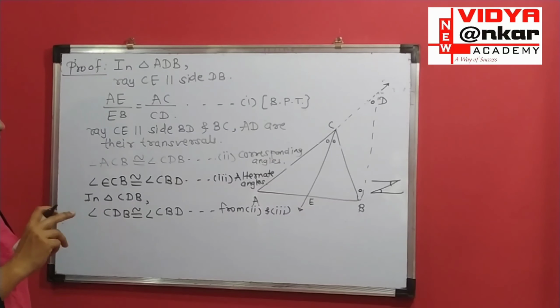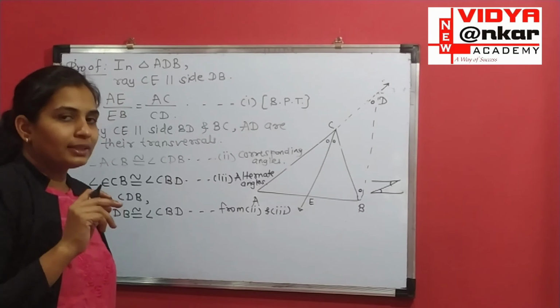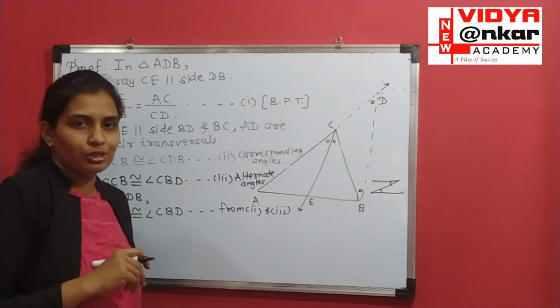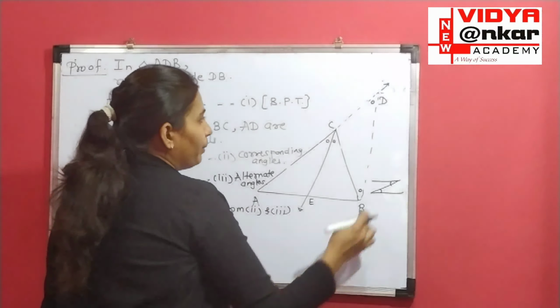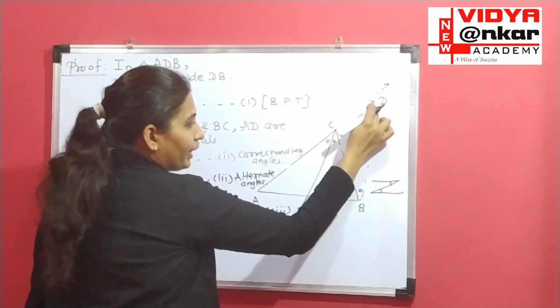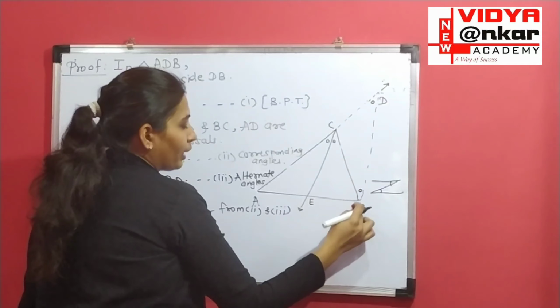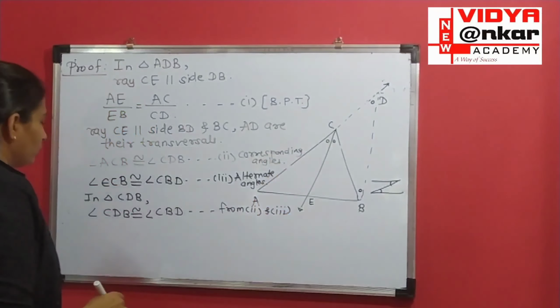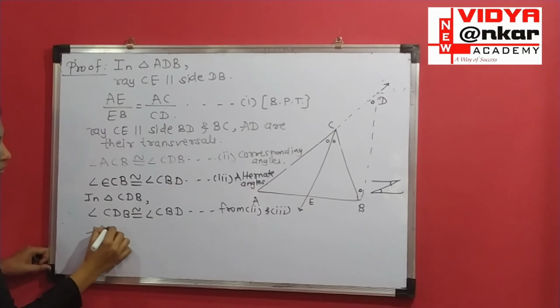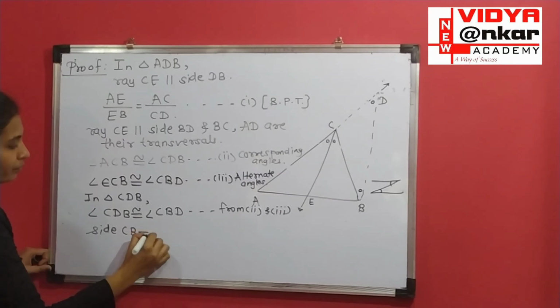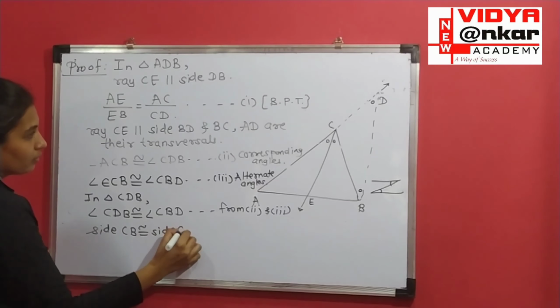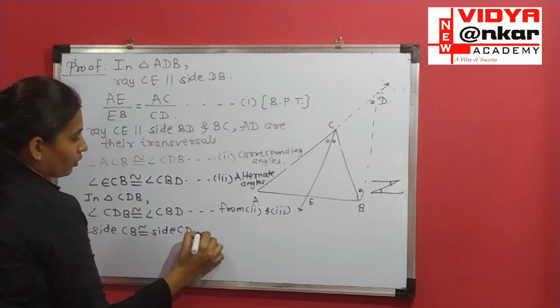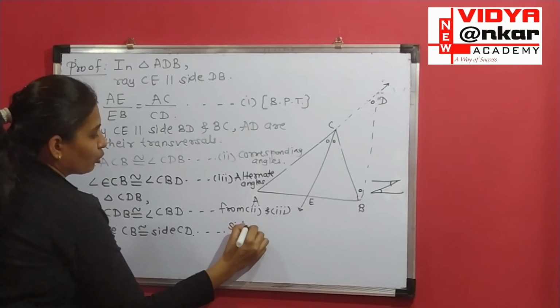Now students, if these two angles are congruent, then the sides opposite to them will also be congruent. It means DK opposite side CB and BK opposite side CD are congruent. So side CB is congruent to side CD.